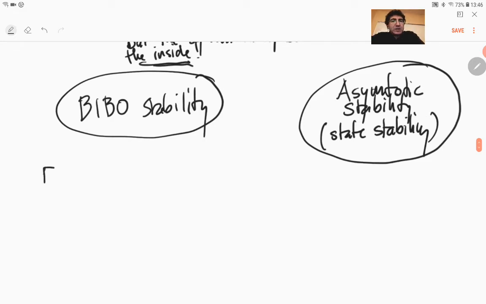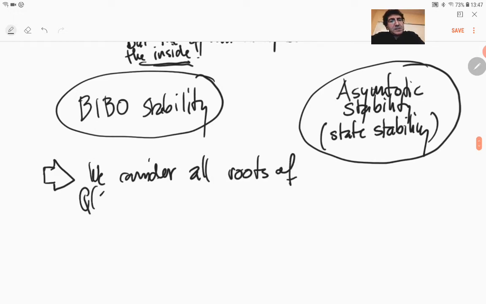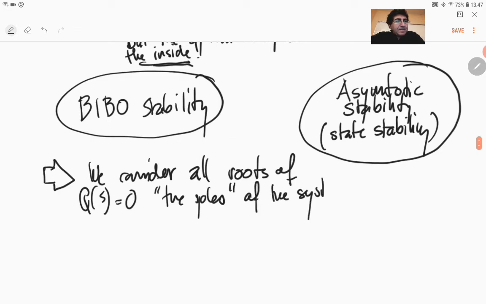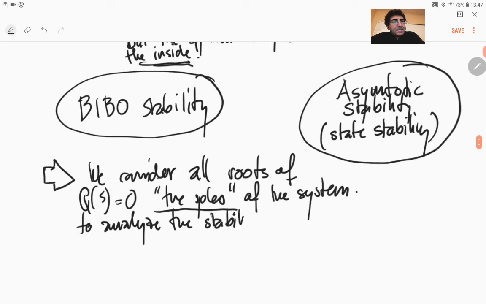So here we consider all roots of Q of s equals 0, the poles of the system, and we study them as a characteristic of the stability behavior of the system, to analyze the stability of the system.